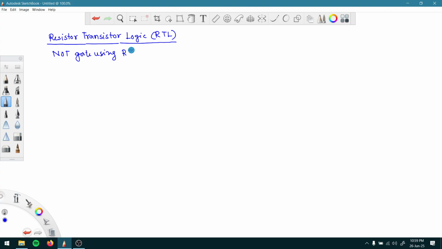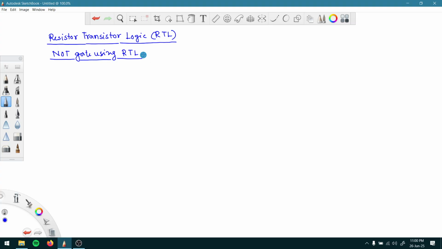If you remember from your previous lecture, in one of the circuits we tried to find out the voltage transfer characteristics or voltage transfer curve. We will try to do a similar thing here, because the circuit we saw there was actually a NOT gate built using RTL logic.